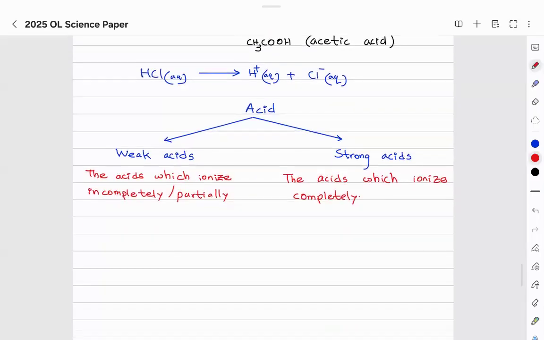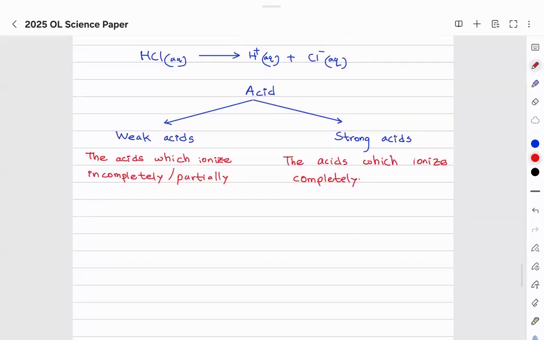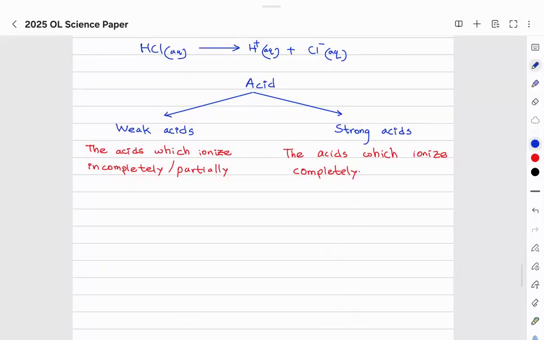Then let me give you a few examples for the weak acids. Students, we can consider acetic acid, CH3COOH. I will upload the handwritten note to the WhatsApp group, no need to worry. Then H3PO4, phosphoric acid.